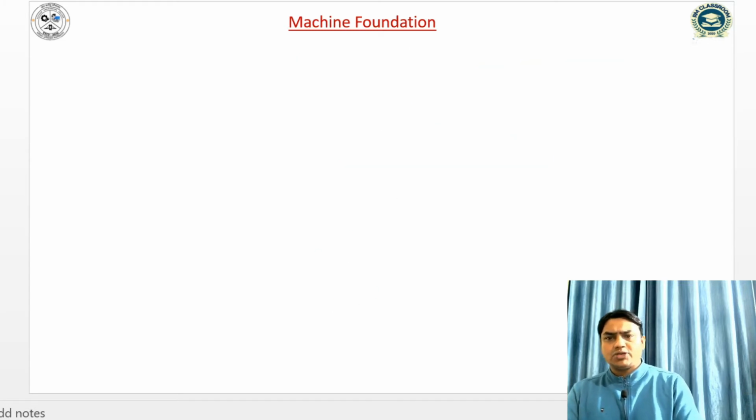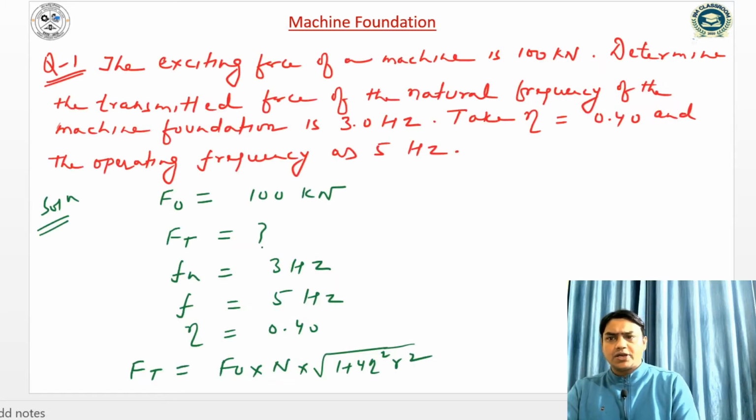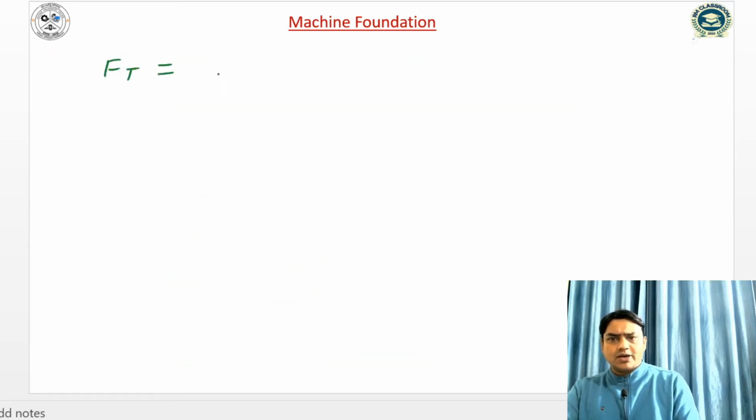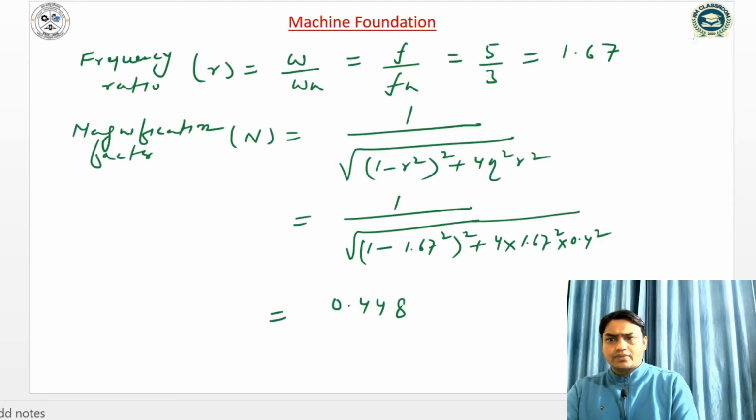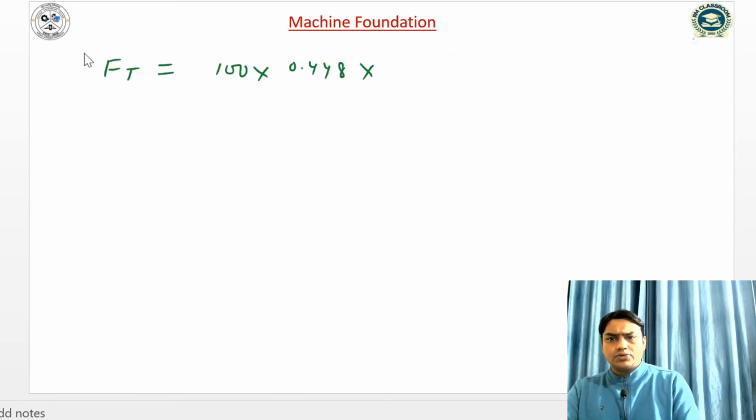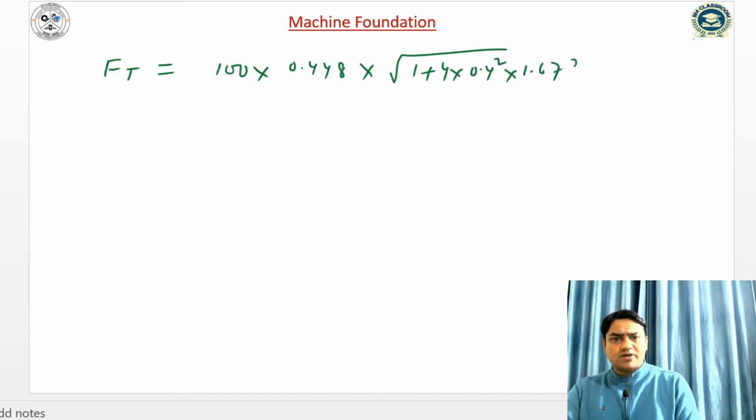So the transmitted force can be computed as Ft is equal to the exciting force, 100 kilonewton, into the magnification factor, 0.448, into the square root of 1 plus 4 into eta square into r square.